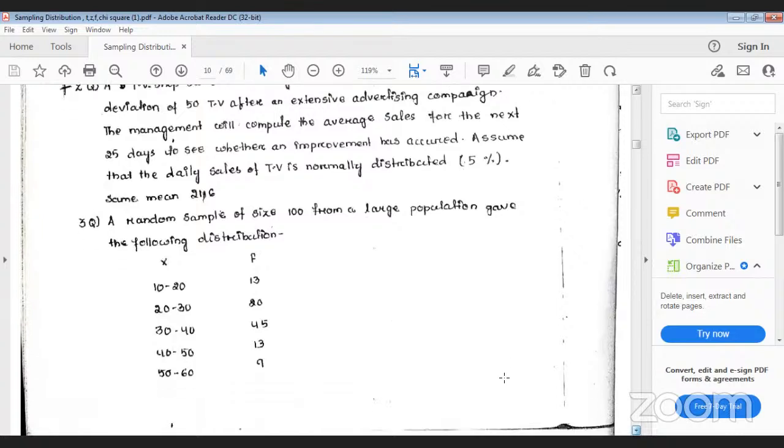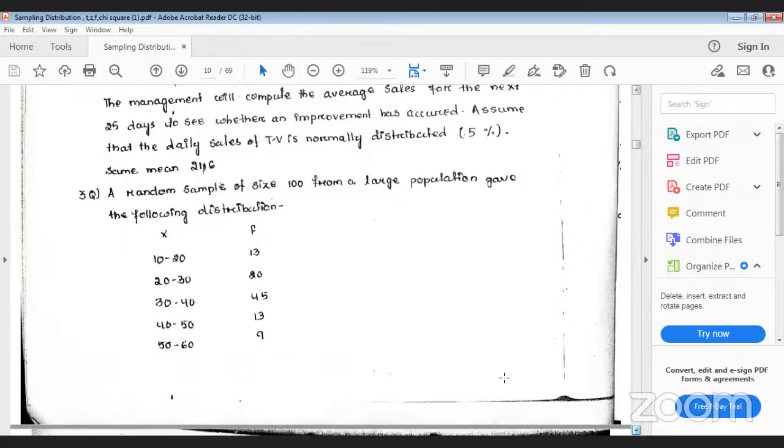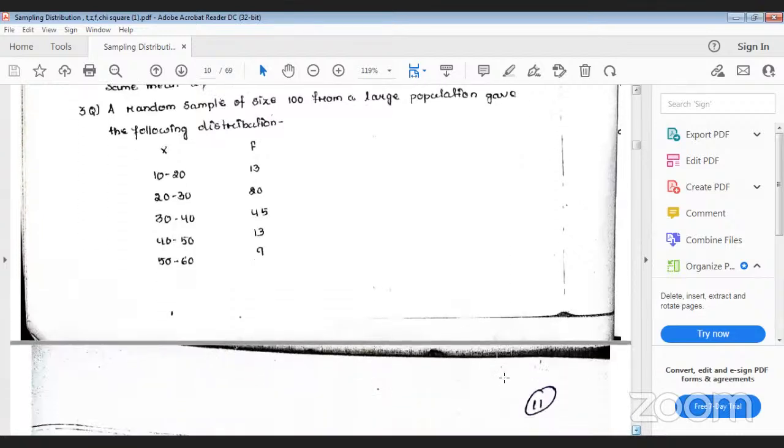Next question, question number 3, is given in the form of data. A random sample of size 100 from a large population gives the following distribution. Here X and frequency are given, which means a data set: 10 to 20, 20 to 30, 30 to 40, up to 50 to 60, and frequencies 13, 20, 45, 13, 9.